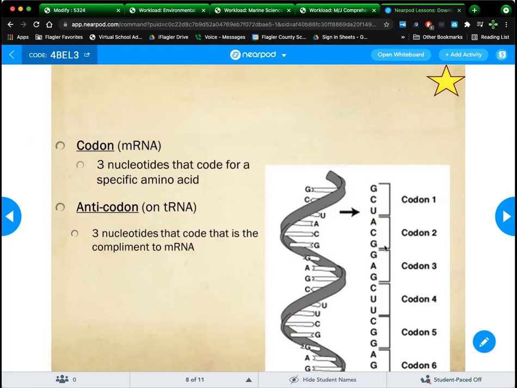You'll be given a chart on your exam and any of the assignments you do, so GCU might be alanine, for example. I don't know if it is, but you'll be given a chart that says all that. And then tRNA is what we call the anticodon. So this is not what gets translated. The mRNA is what gets translated.